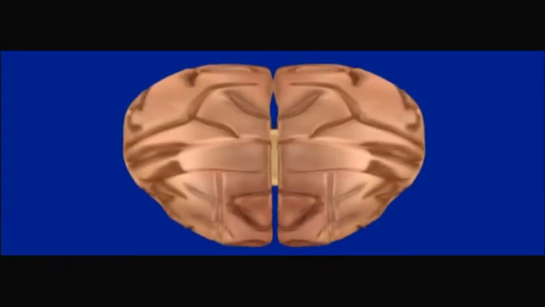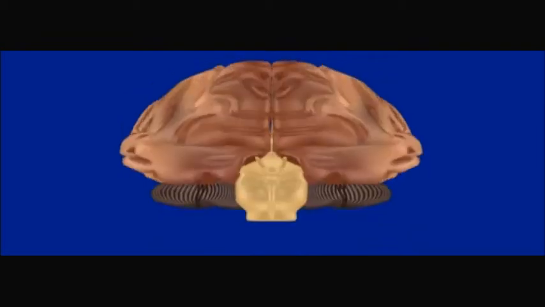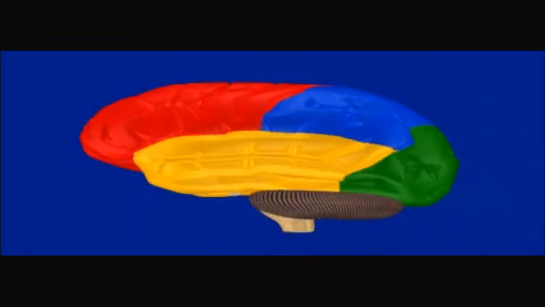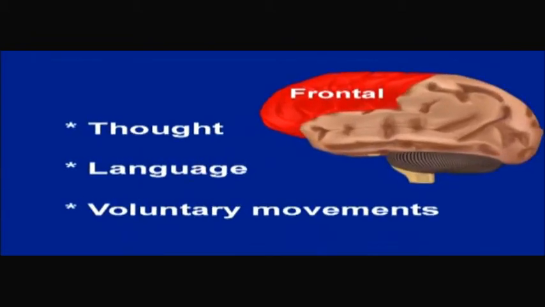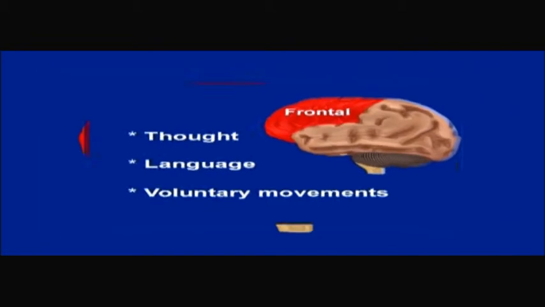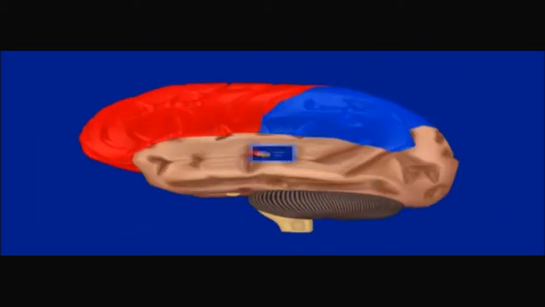Each cerebral hemisphere, the right and then the left, is divided by three deep grooves into four lobes. The frontal, which is responsible for thought, language, voluntary movements. Parietal, controls emotions and touch.